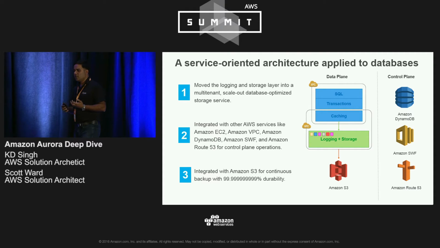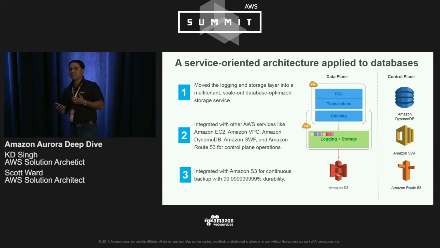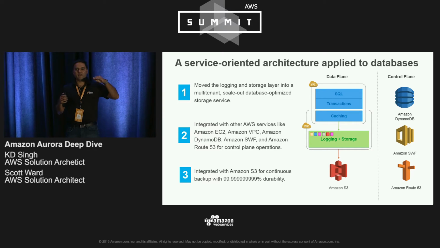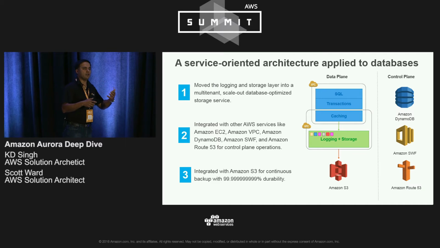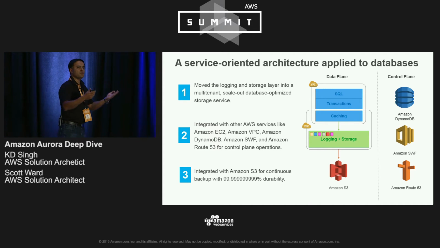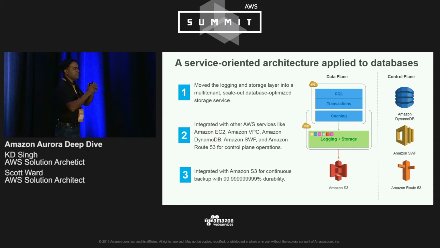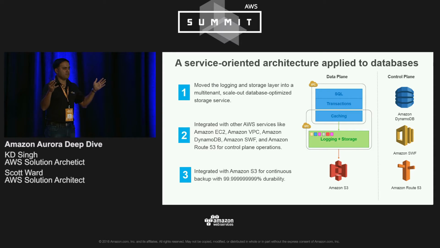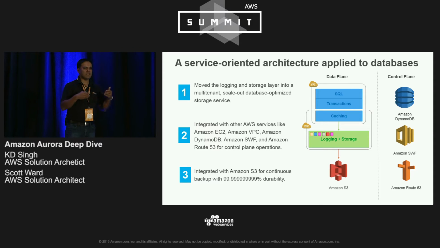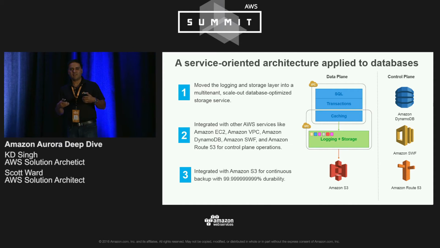If we think about traditional databases, what these databases had to do was your DB or SQL layer would write redo logs to your storage tier. But for those systems, the storage tiers were just dumb blocks. They were just blobs of storage. You just put things into them. They can't do anything about it. You have to manage everything.